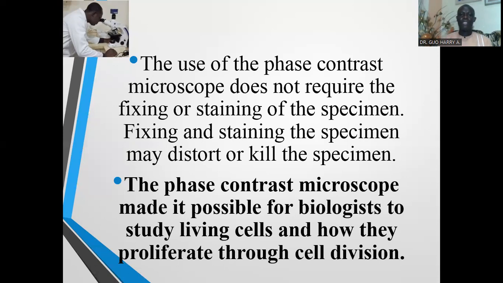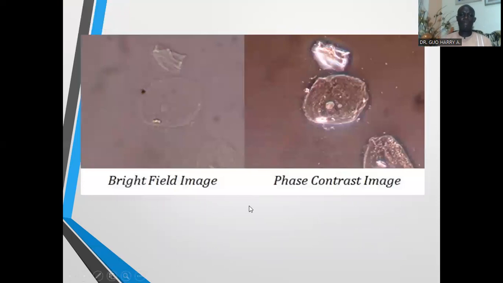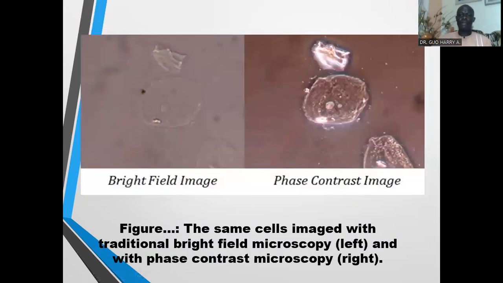The phase contrast microscope made it possible for biologists to study living cells and how they proliferate through cell division. Now, these are images that are produced from the phase contrast microscope.